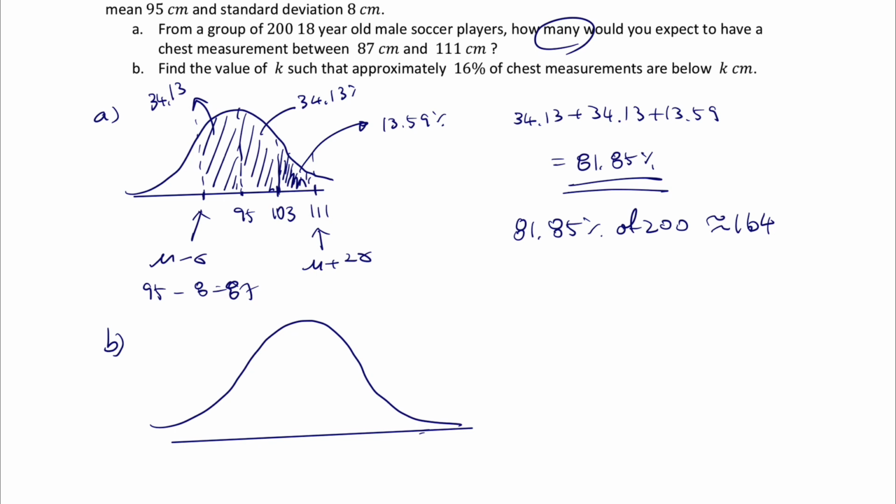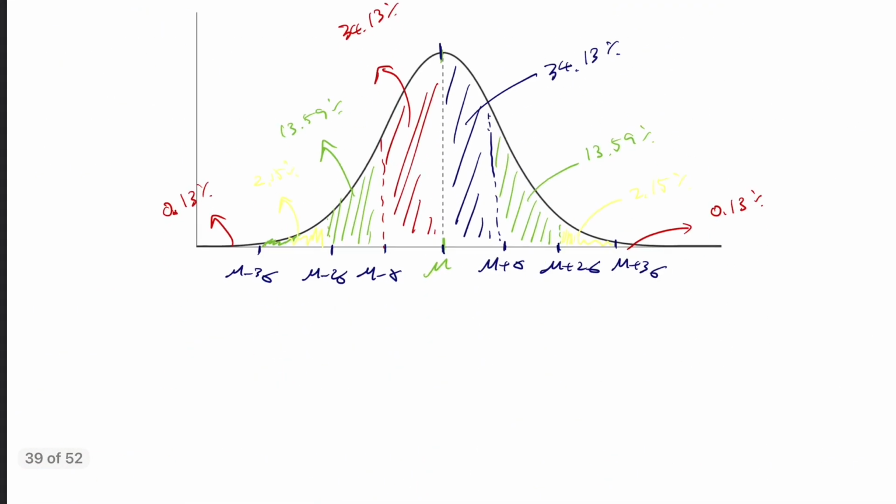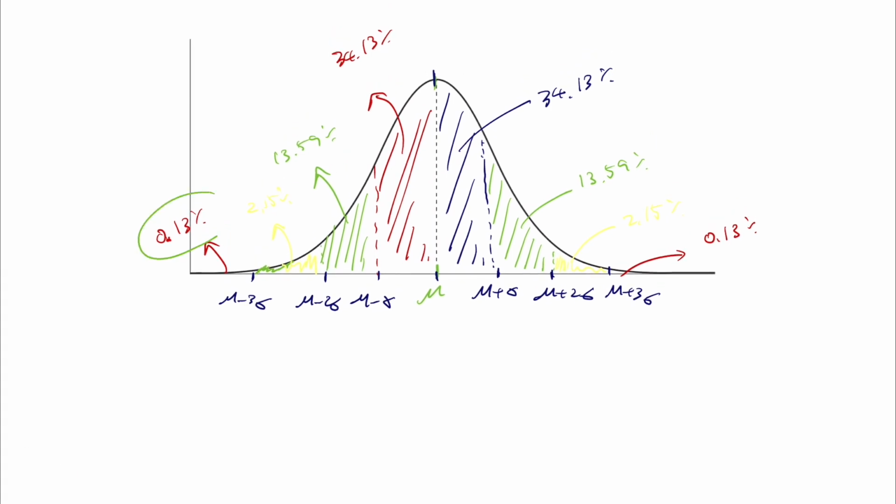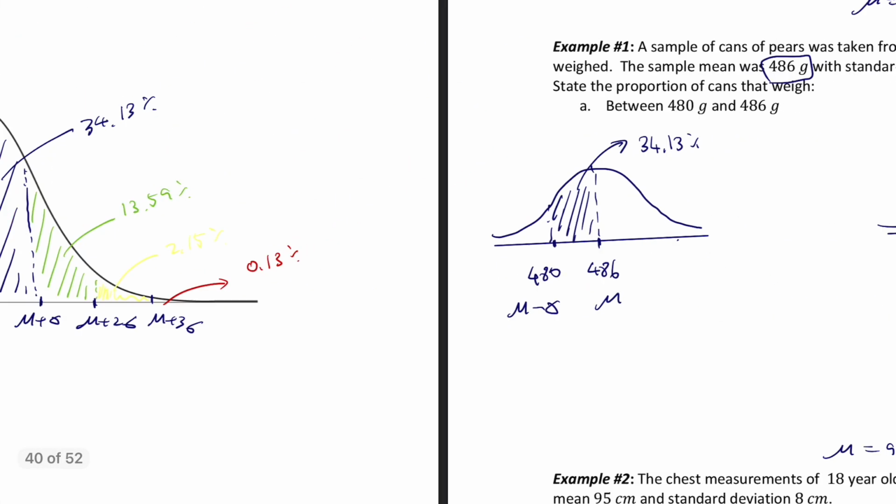However, if this is K, everything below K is about 16%. Okay, then think about the spread of the data. We know that the lowest one is 0.13, the second one is 2.15, and the third one is 13.59%.